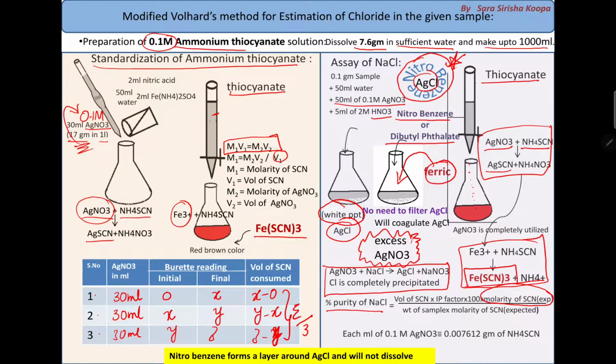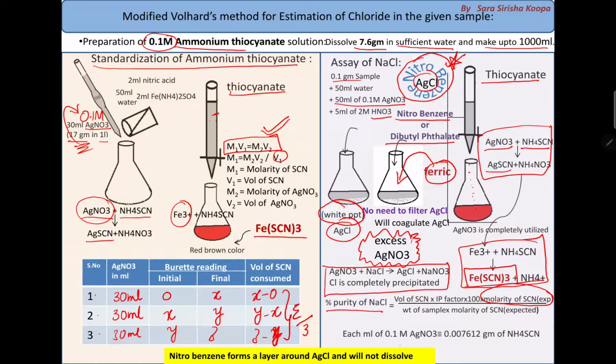In order to calculate percentage purity of NaCl: volume of SCN into equivalence factor into 100 into molarity of SCN. This is the thiocyanate molarity which we got experimentally here. And weight of the sample 0.1 gram into molarity expected, that is 0.1.